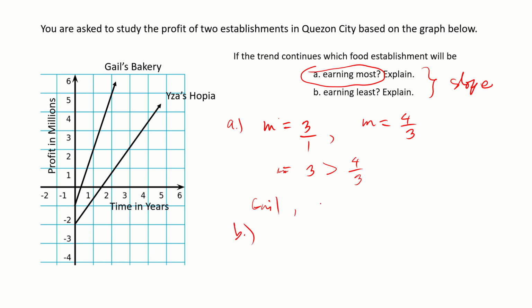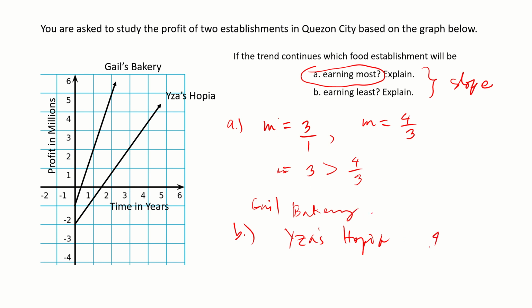And again, because the slope for Gale's Bakery is 3 compared to Isa. In other words, the one earning least is Isa's Hopia, because it's just 4/3. Okay, there you go.